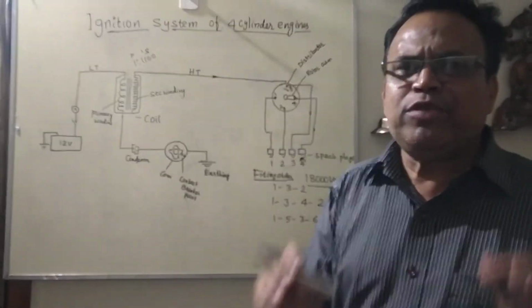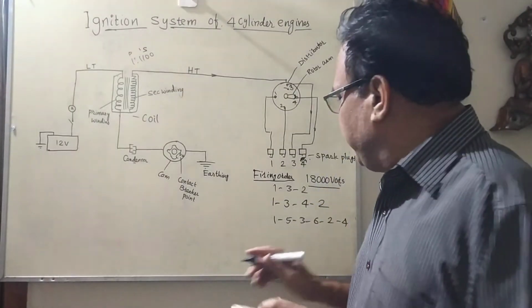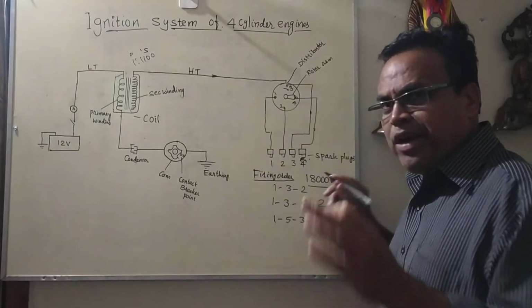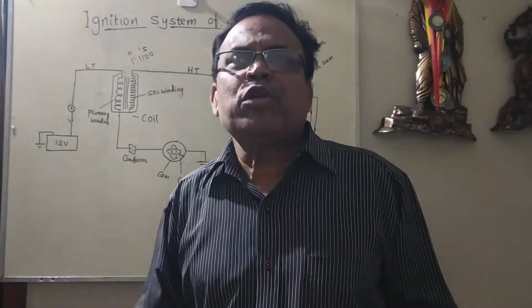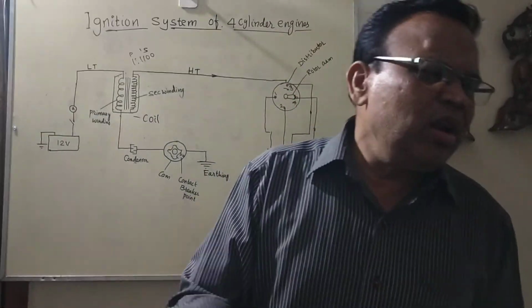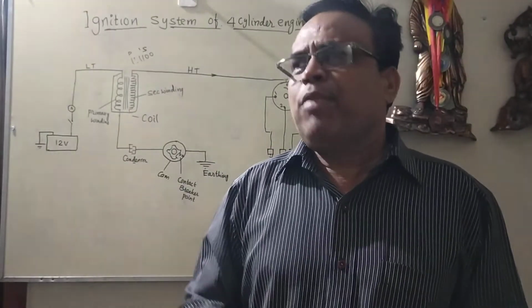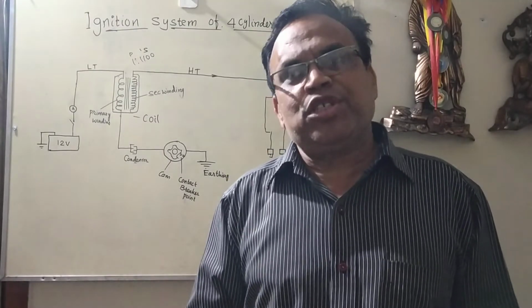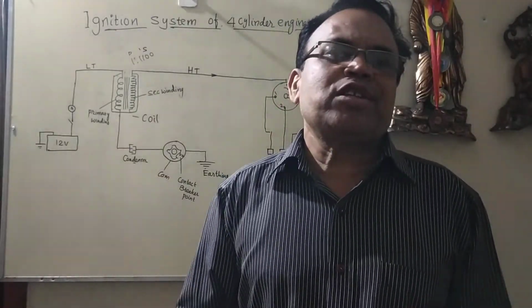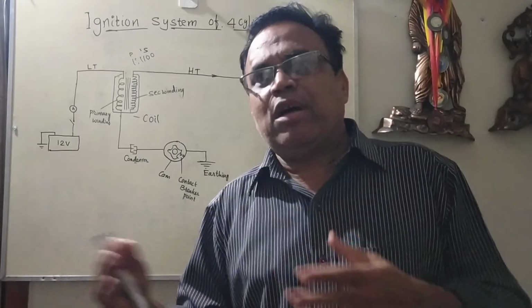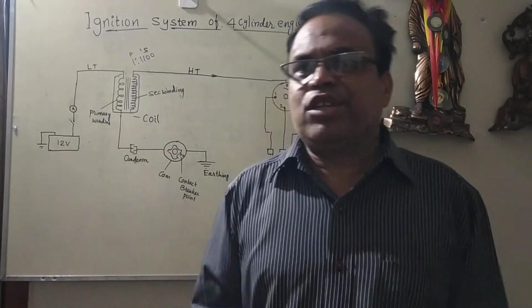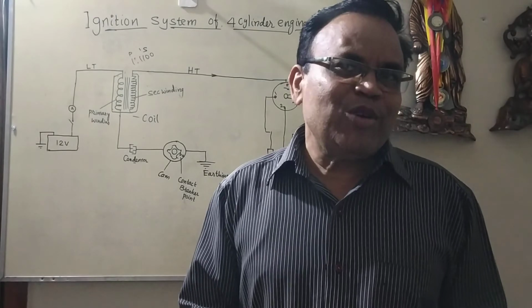For ignition we need a spark, which needs a minimum of 18,000 volts. Another, smaller one is the magneto system. We use it in small, old technology, but some aerospace vehicles also use the magneto system. We will see in the next class how the magneto system works and what its objective is. Thank you. I hope you like this.